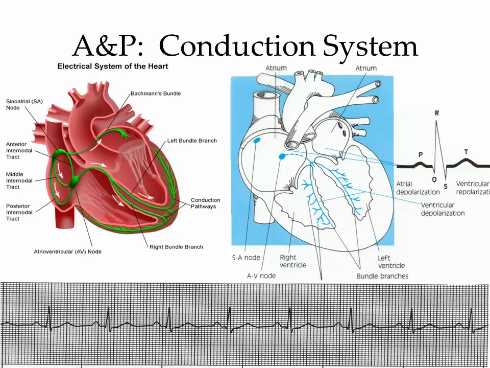So if you're looking at a strip, let's look at the bottom strip, and you can see immediately on the left-hand side there's a little bump. Well, that's a T wave. So now we have a P wave, our QRS, and then a T wave. So that's a complete cycle. What we have on this strip is normal sinus rhythm, and at some point next year you will learn how to determine rate and all of that by looking at this strip.